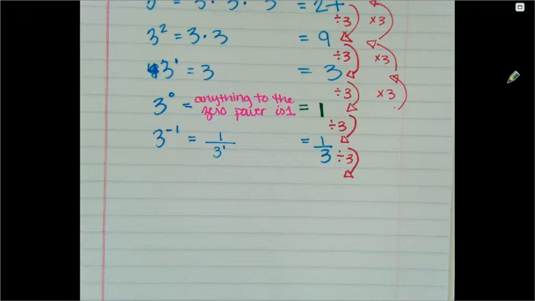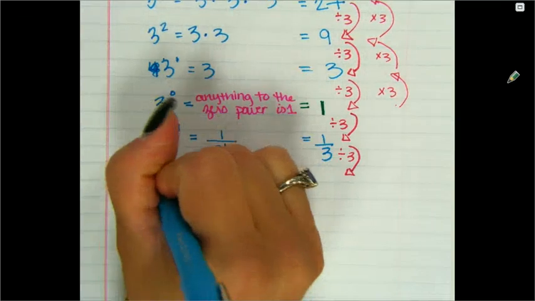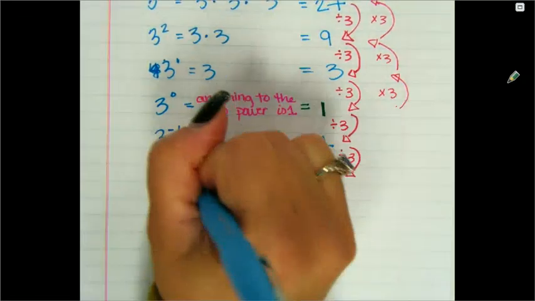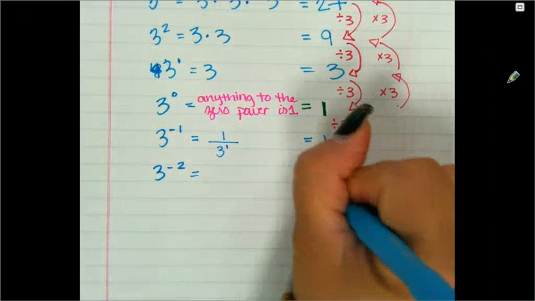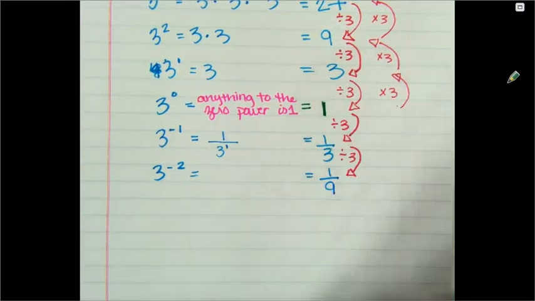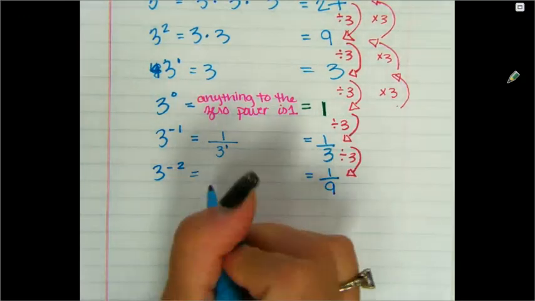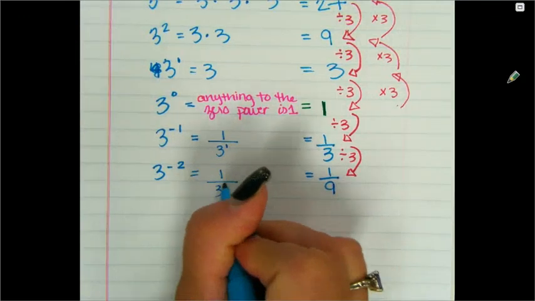So we say 1/3 times 1/3, which is 1 over 9. So, following the pattern, this is 3 to the negative 2, which we just found to be the answer of 1 over 9, which means it's 1 over 3 to the second power.